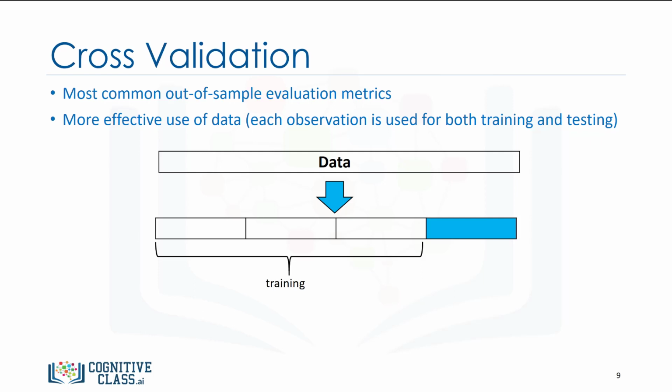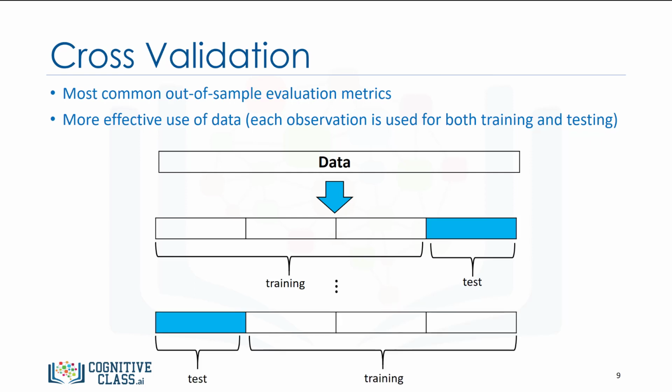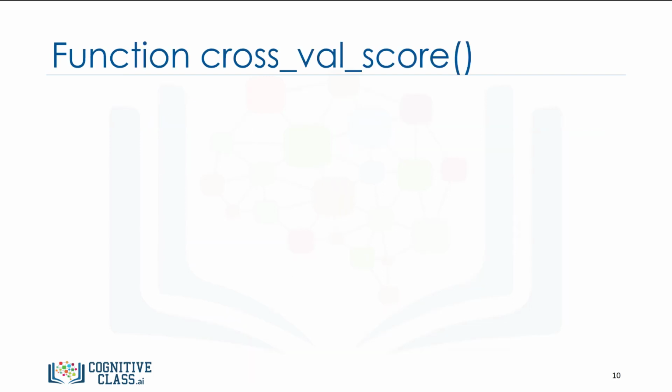For example, we can use 3 folds for training, then use 1 fold for testing. This is repeated until each partition is used for both training and testing. At the end, we use the average results as the estimate of out-of-sample error. The evaluation metric depends on the model, for example, the R-squared.